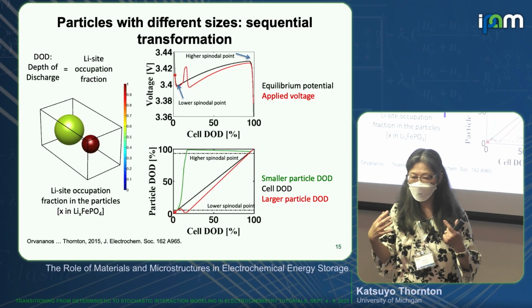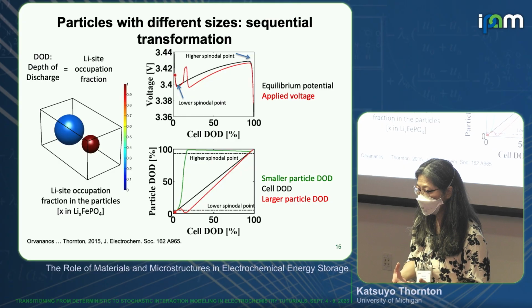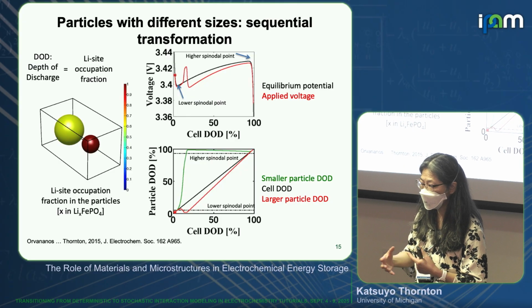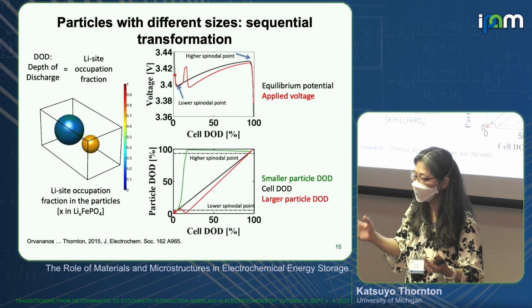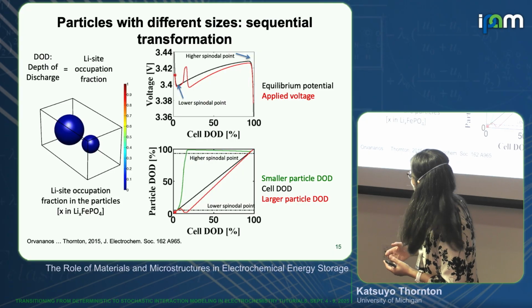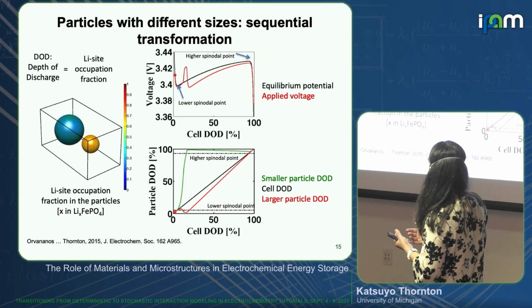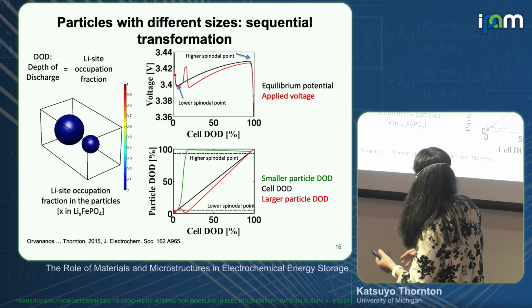You have a reaction rate per unit area, and as long as the local potential is about the same, you're going to have the same rate all over, for a given equilibrium potential.